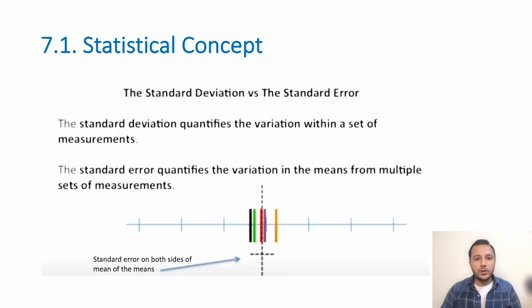So this is how it looks when we put it on a chart. Here you can see that these different colored lines are different data sets, and within each data set we try to identify the standard deviation from the average.